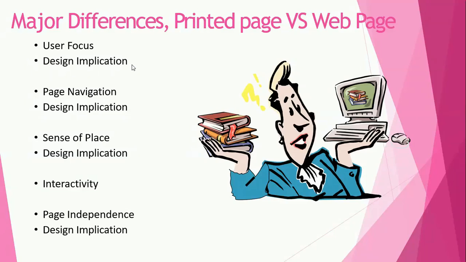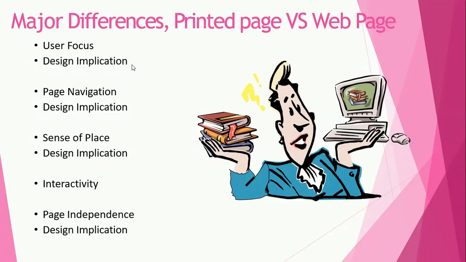So if a long document is presented on the web page, they have to provide certain headers and footers, so that the user reading that document on the web page will easily understand where he is, which page he is reading. All this has to be kept in mind while designing the web page.